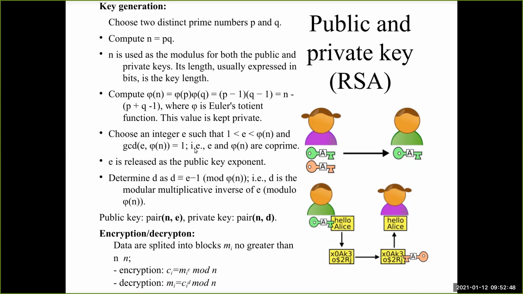So look, we get two pairs. The first pair consists of the value of n, the multiplication of two prime numbers, and e, and the private key consists of the pair of n and d. So we have n and e, and n and d.